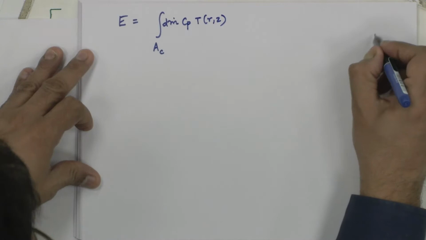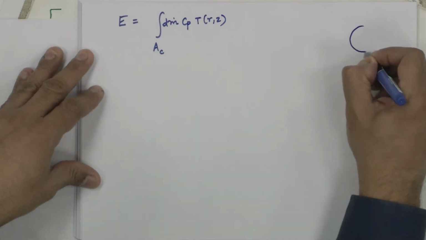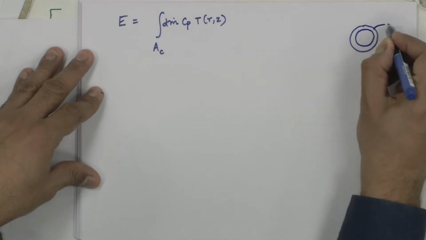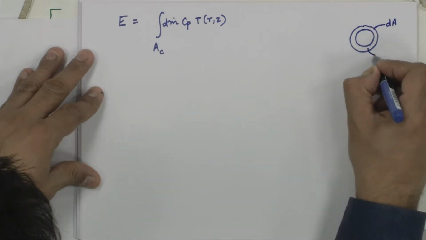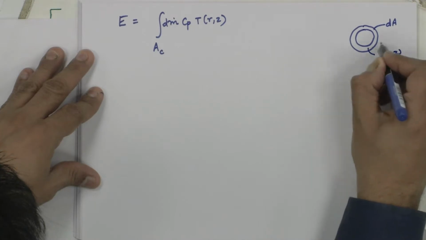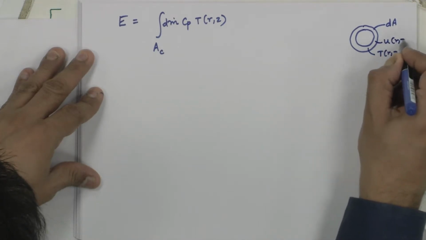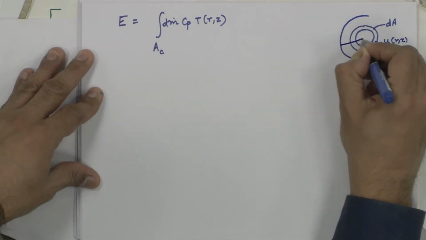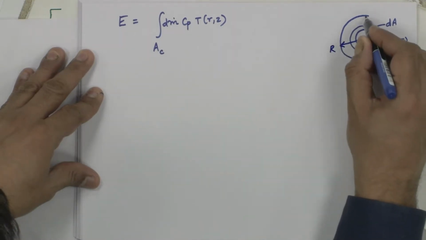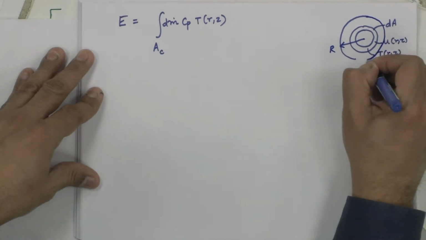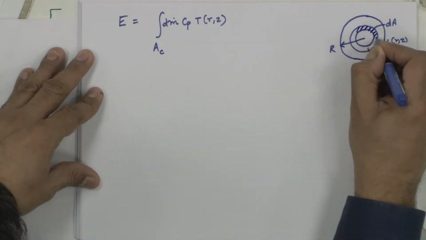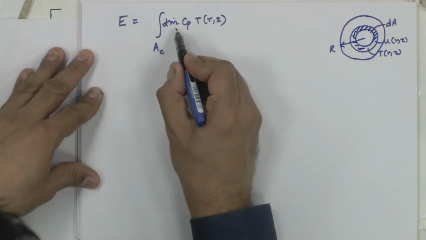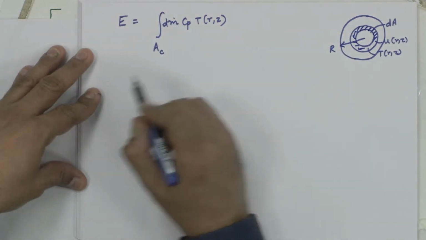So, I have this ring of fluid whose area is dA. This is my ring of area dA, whose temperature is T of r comma z, whose velocity is u of r comma z. This is a part of a larger pipe whose radius is capital R. And this shaded area has a particular energy content which is given by delta m Cp into T of r comma z.